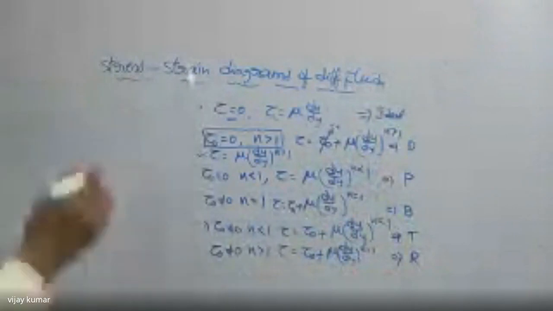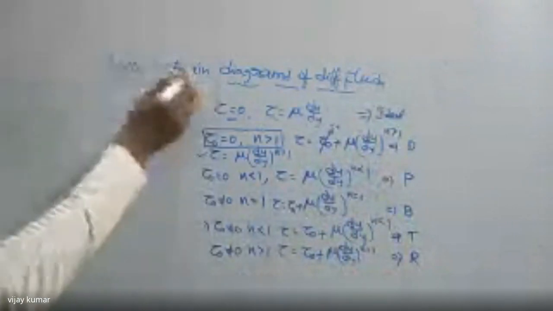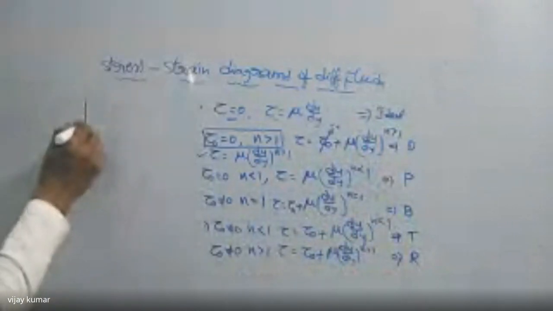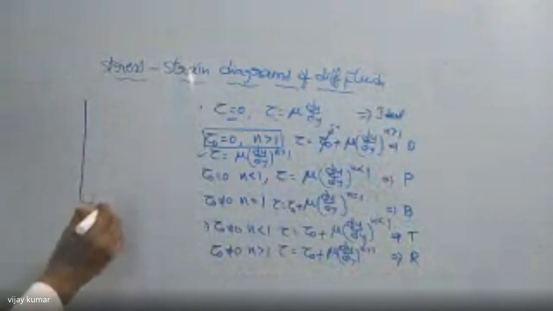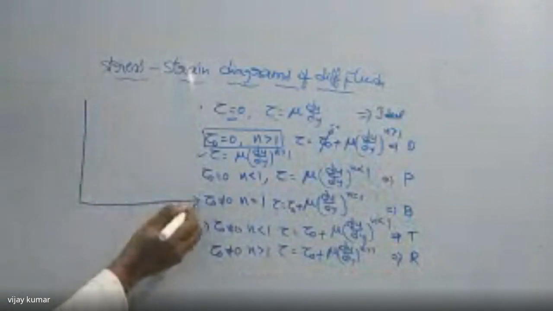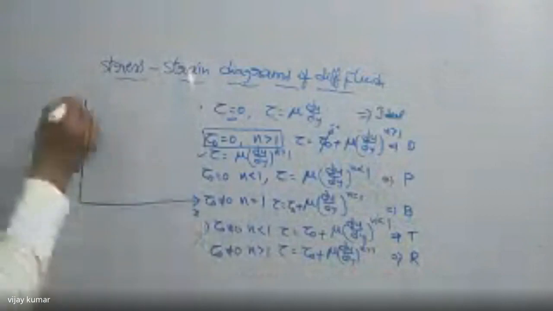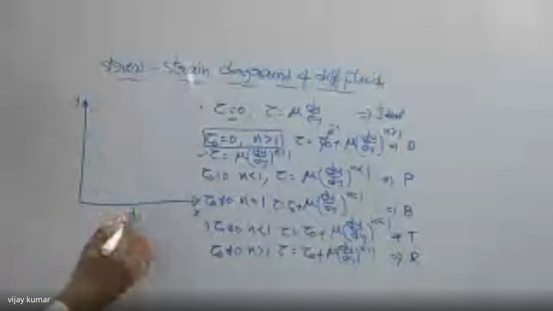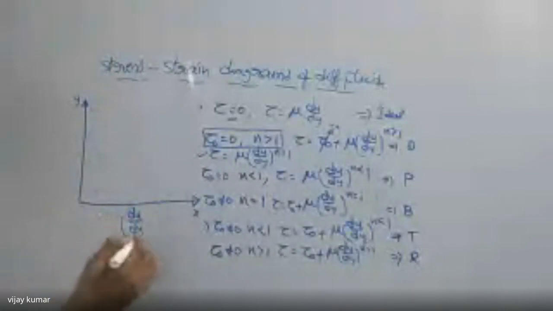So I'm going to take two axes here. That is the stress strain diagram for different types of fluids. So this is the x and y axis. Along the x axis, I'm going to take the rate of shear strain, du by dy per second.